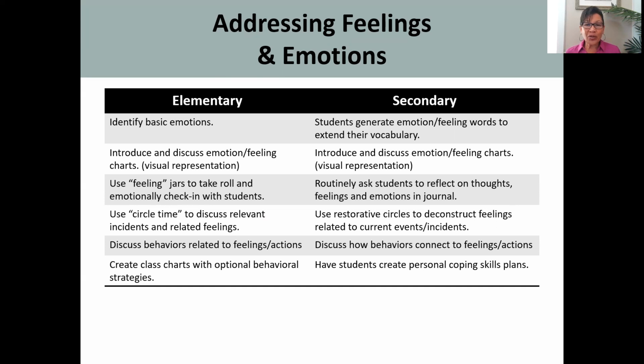And if you're not familiar with restorative circles, that's a great place to really begin to deconstruct our feelings related to particular events or incidences that have happened in a classroom. We want to discuss behaviors that are connected to those feelings and actions, and then maybe create some ways in which we might begin to work through those in a positive way.